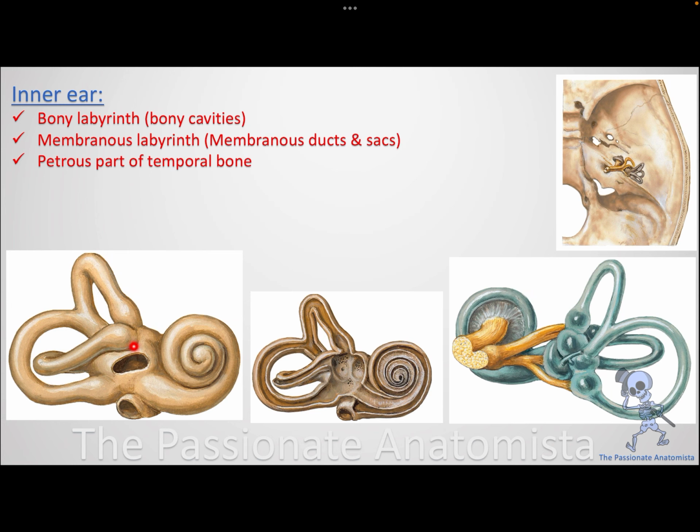The vestibule connects the cochlea anteriorly to the semicircular canals posteriorly. So in the bony labyrinth I have a vestibule, I have cochlea, and I have semicircular canals, anterior, posterior, and lateral.